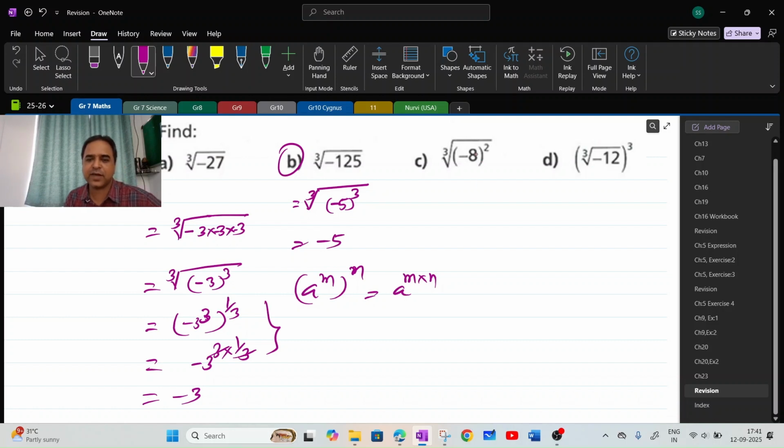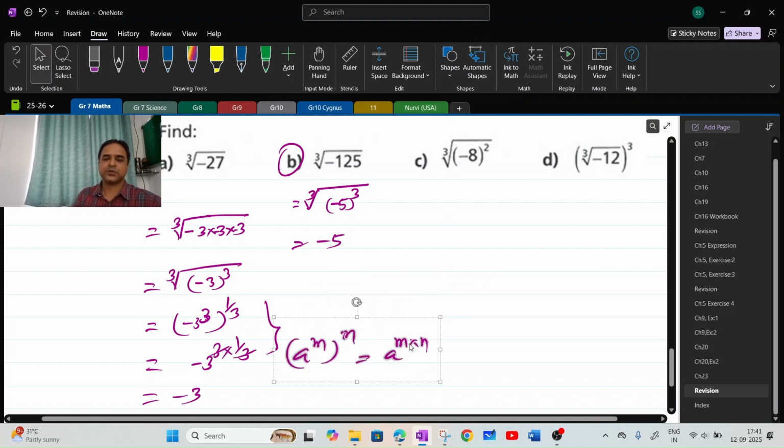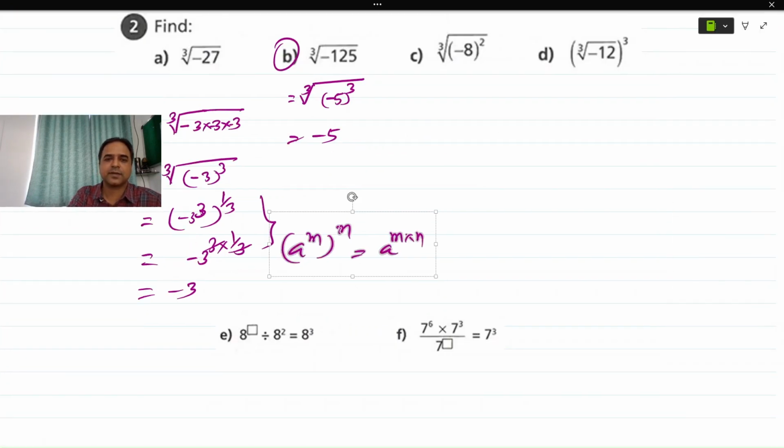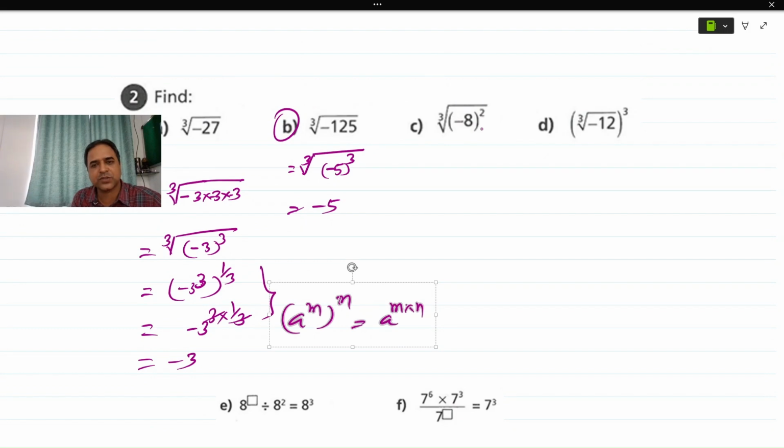Same way, if we come to this, it is a bit complex. Here we will be using a few more steps. In this case, we see it is cube root of minus 8 square.